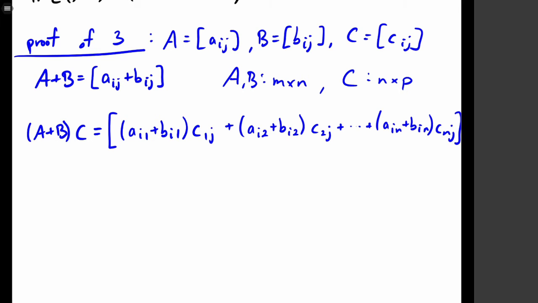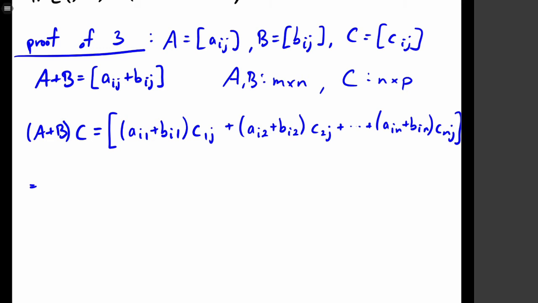So this was the definition of matrix multiplication. It looks a bit weird here since we're dealing with the sum of two things, but hopefully it makes some sense. Now, what we're going to do here is distribute all of this out inside here.